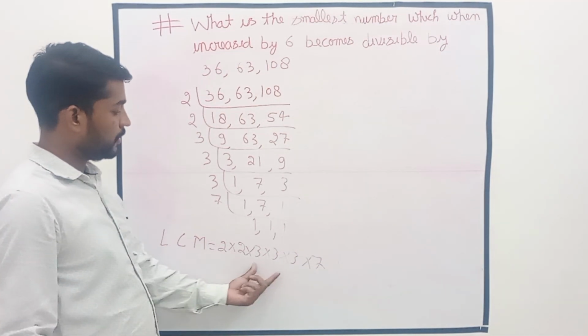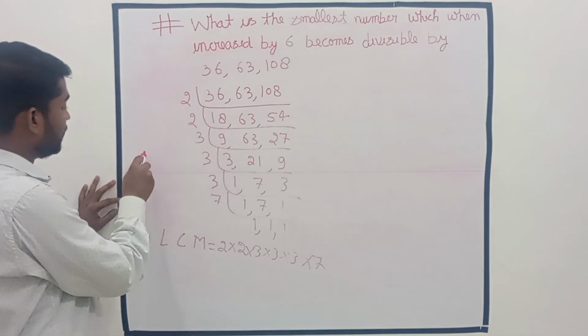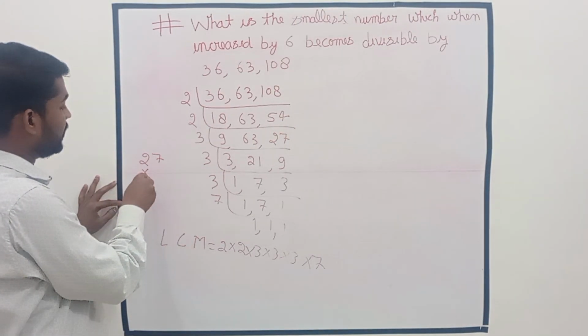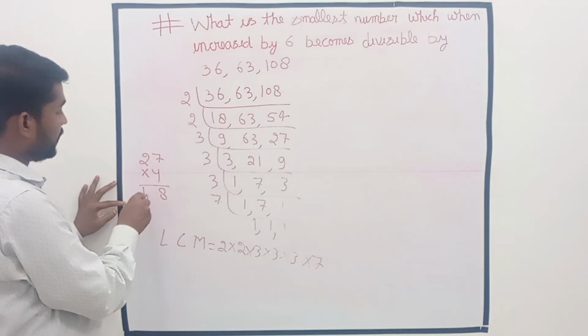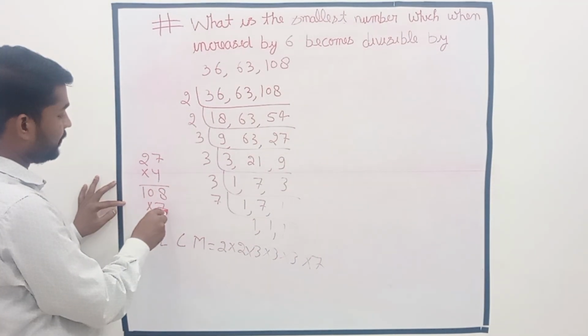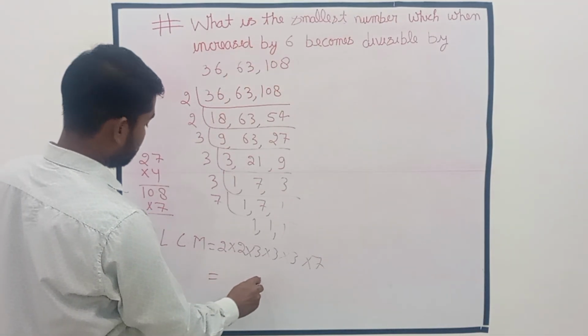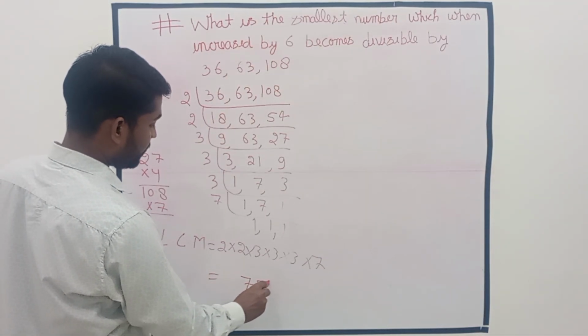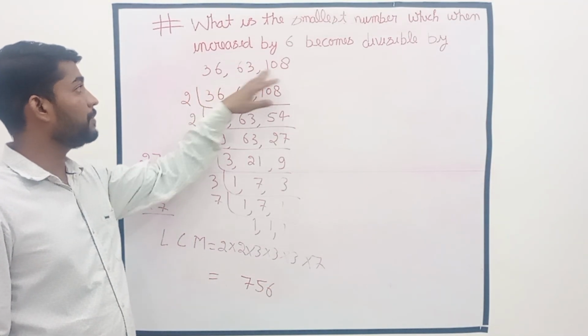That means 2 to the power 2 is 4, and 3 cubed is 27. 27 fours are 108, and multiplied by 7 this becomes 756. This is the LCM, and this number is divisible by these numbers.